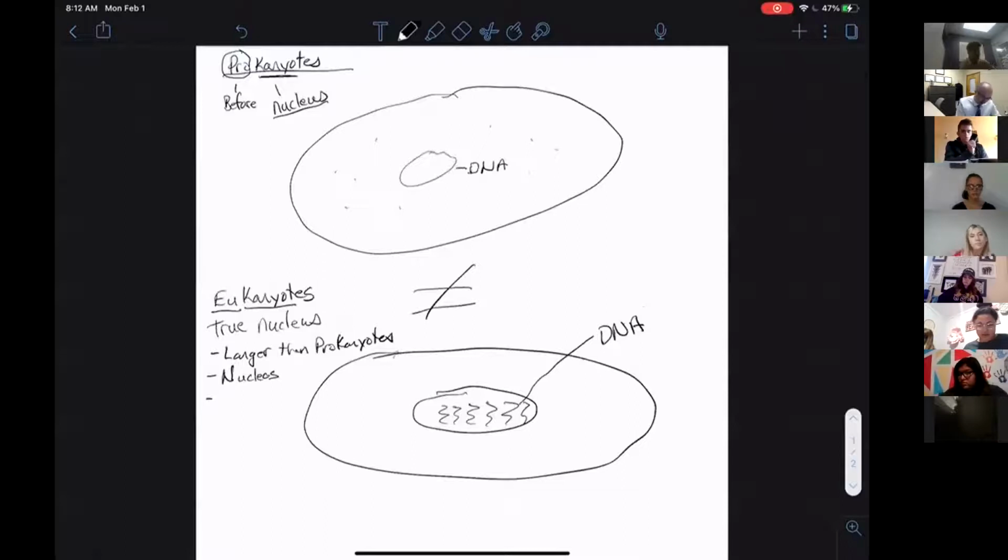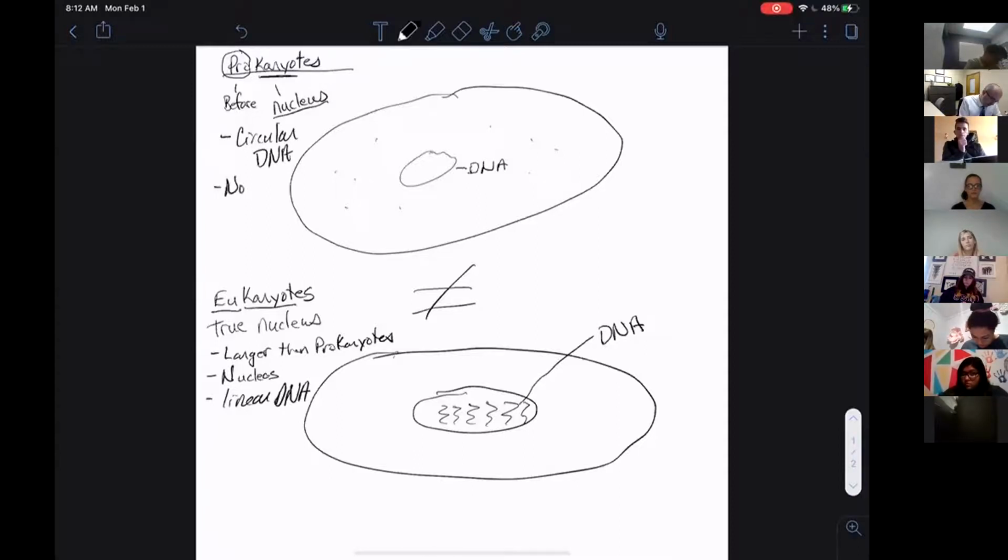We call that linear. So I'm going to put linear DNA, and I can put circular DNA up here. Again, no nucleus up here.